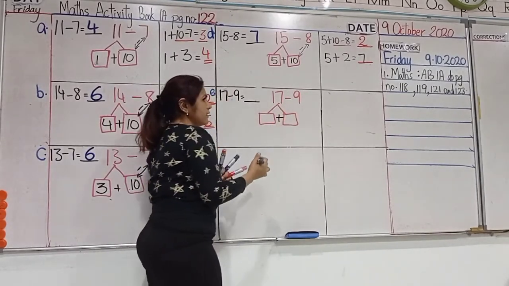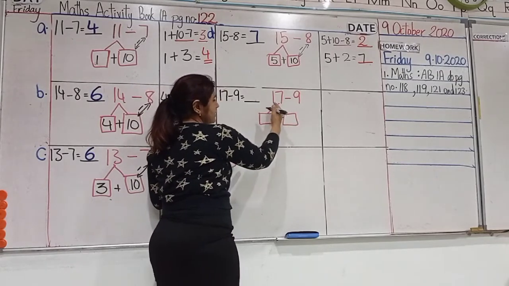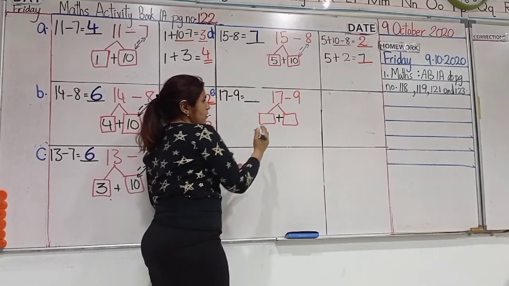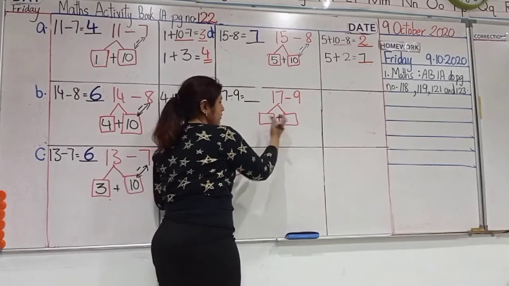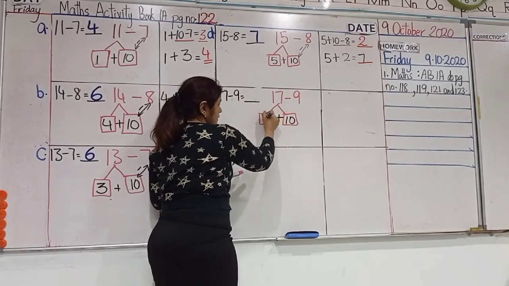Okay, where do I write? Tell me the placing. This is right hand side, this is left hand side. Where do I write 10? Right hand side. Okay. 10 plus 7. Alright, thank you.